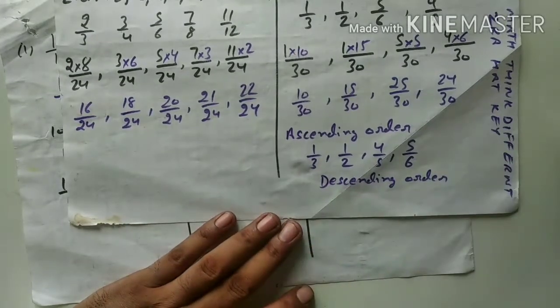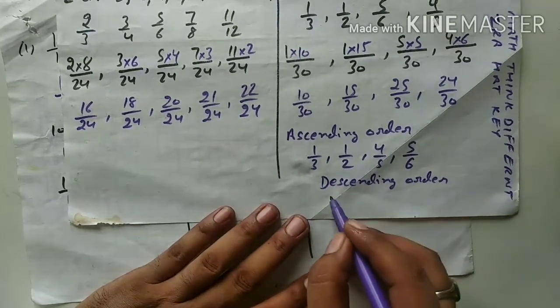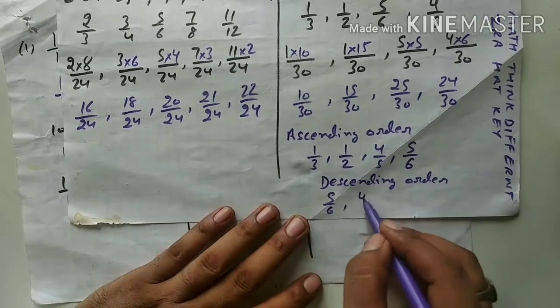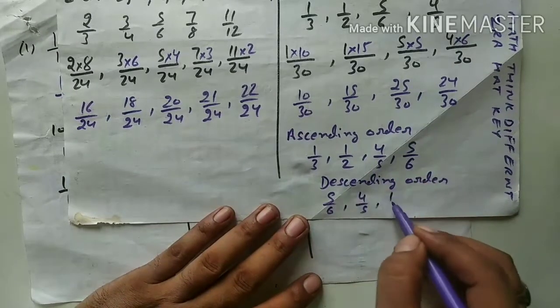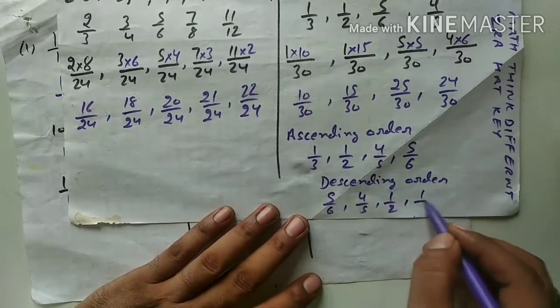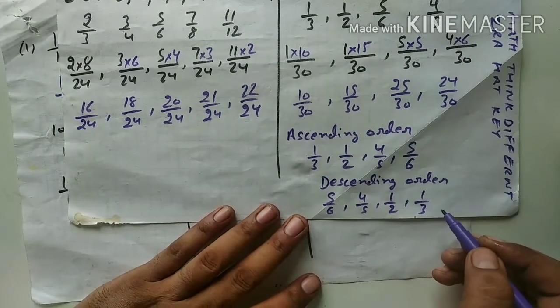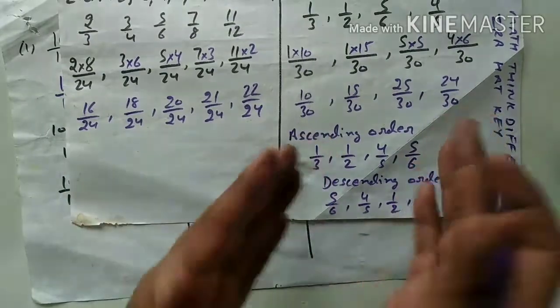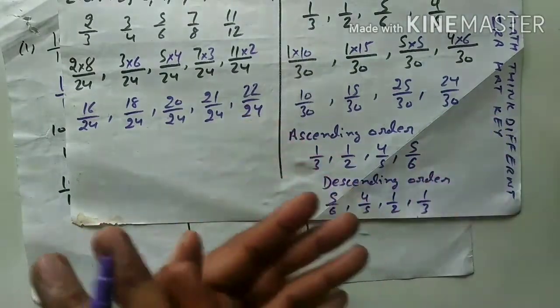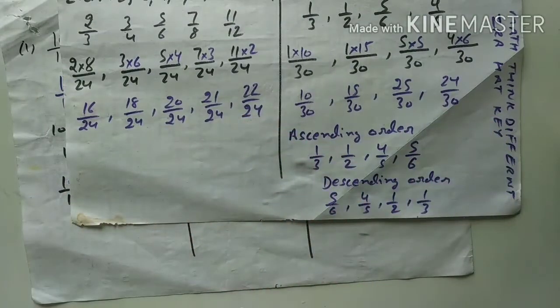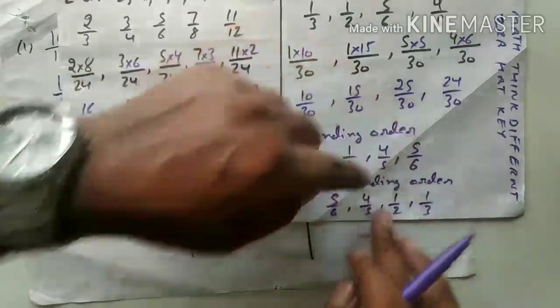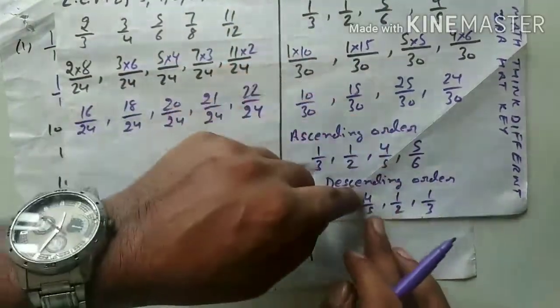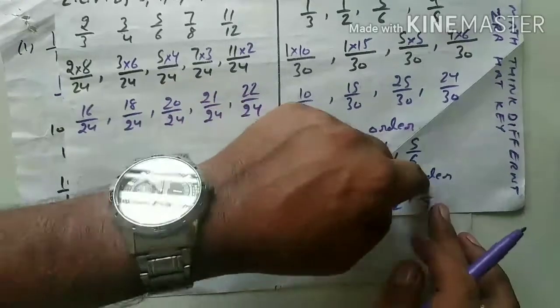You will just reverse the order. You will write 5 by 6 first, after that 4 by 5, then 1 by 2, then 1 by 3. See student, you have noticed what I have done? This was the ascending order. If I write in the reverse order, it becomes descending order. So this is greatest, then smaller, then smallest.